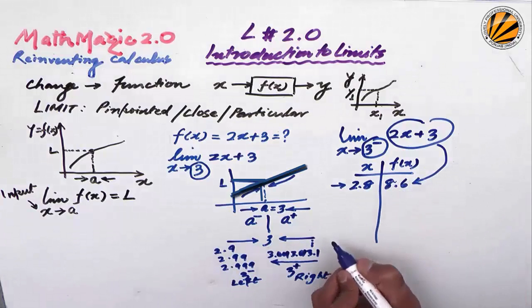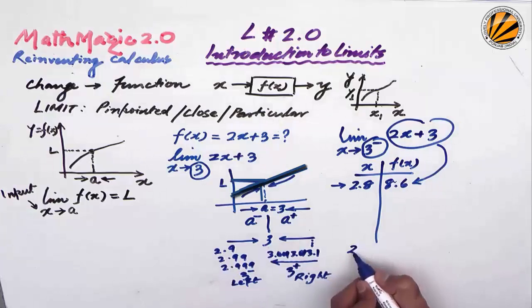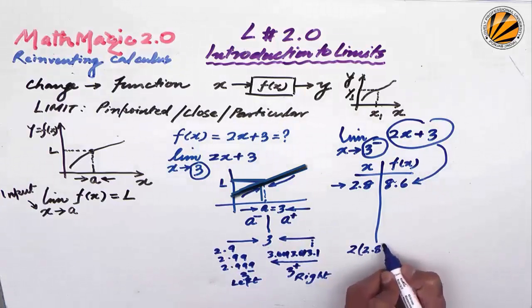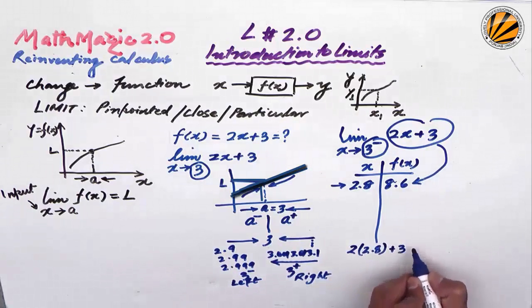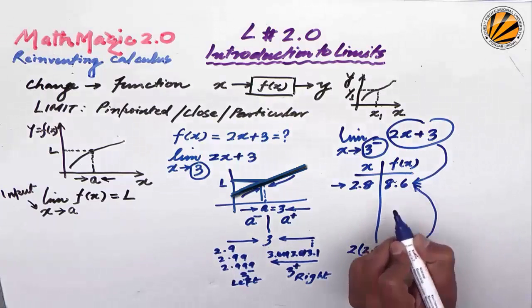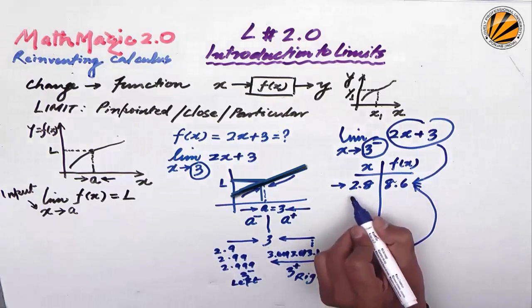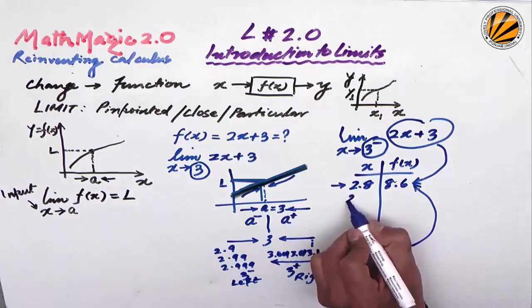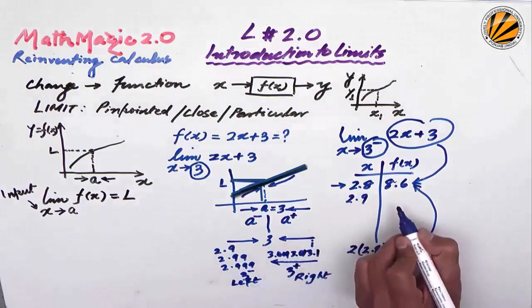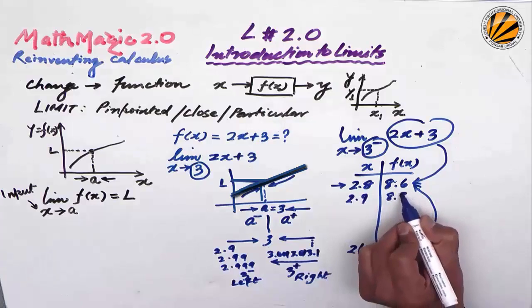You can calculate, when it is 2 into 2.8 plus 3, this output will be given. Similarly, we'll approach closer from the left hand side and make it 2.9. The output would be 8.8.